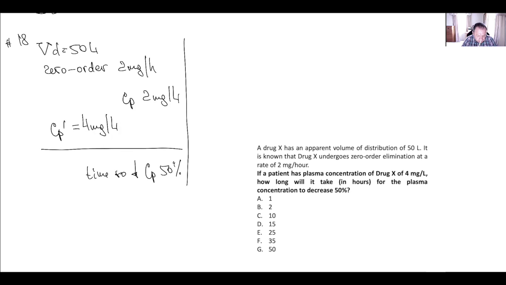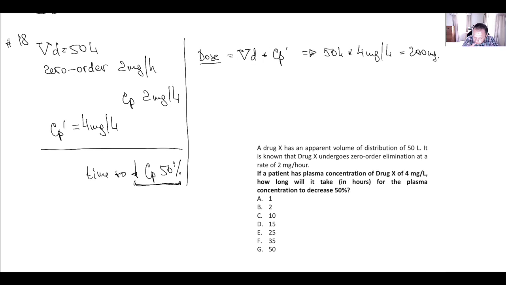In this situation, to decrease plasma concentration by 50%, half of the medication should be eliminated. We can calculate the initial amount of the medication, or administered dose, by using the equation of volume of distribution. We multiply volume of distribution by plasma concentration: initially 50 liters multiplied by 4 milligrams per liter, which corresponds to 200 milligrams.